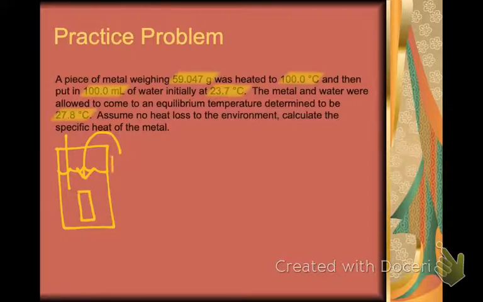That piece of metal is at 100 degrees C. The water is at, what did we say, 23.7 degrees C. And we want to calculate the temperature difference. How much is the water temperature going to increase when that metal starts releasing heat into the water, or into the surroundings? Okay, so that's what's going on in this experiment.